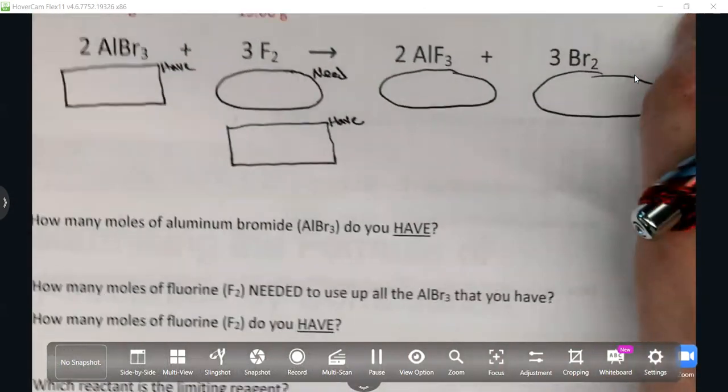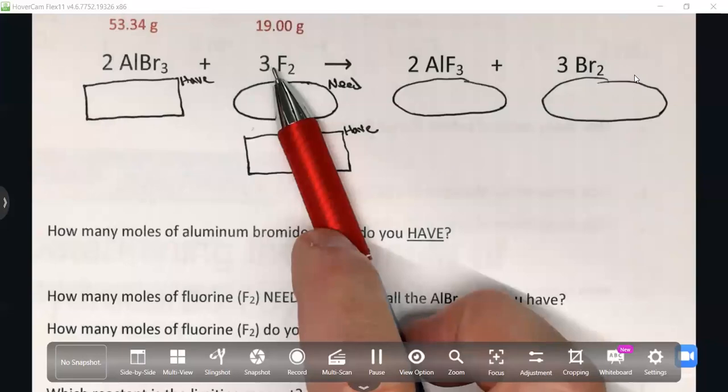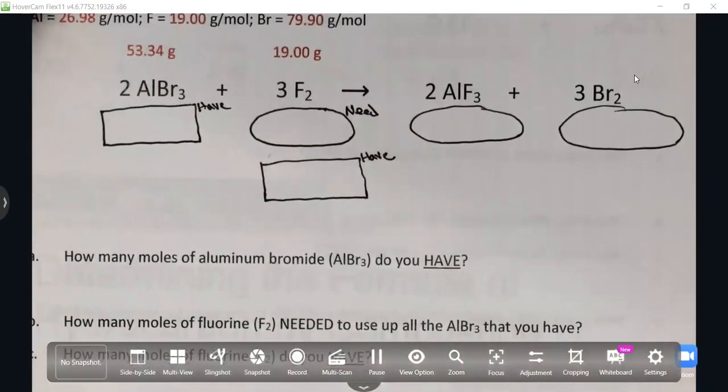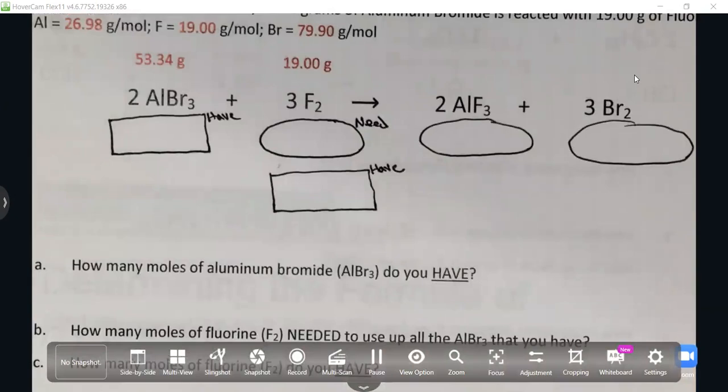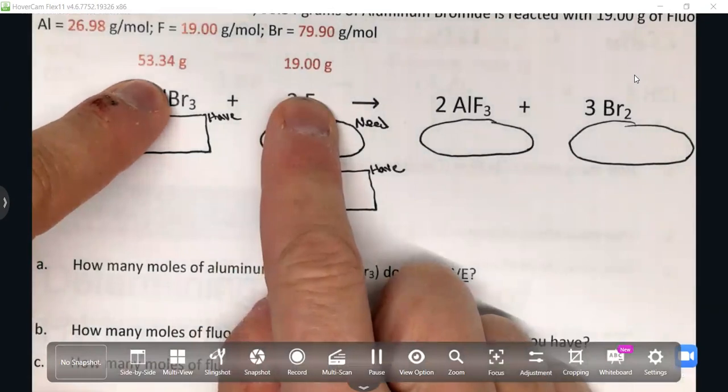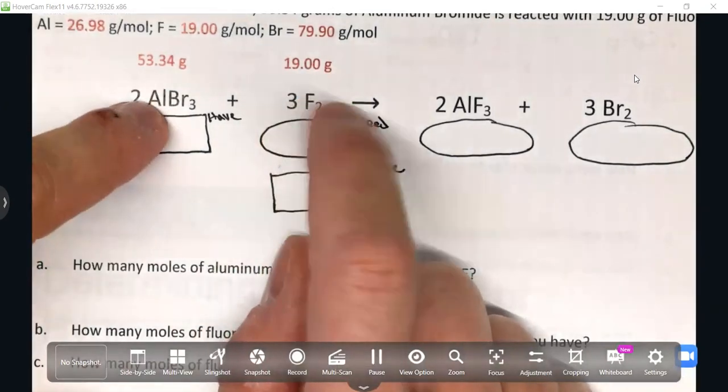Last time, it was all about limiting problems, and that's what we're going to start off with. For our limiting problems, you are given an amount of both reactants.